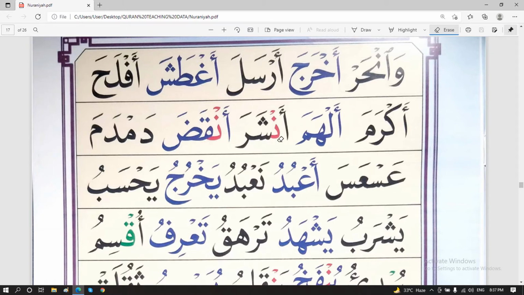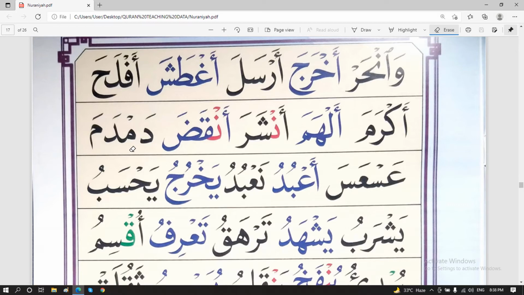Ikhfa, moving the sound of noon into our nose, أنشر. همزة نون فتحة أن قاف فتحة قا ضا فتحة ضا أنقض. دال ميم فتحة دم دال فتحة دا ميم فتحة ما دمدم. أكرم ألهم أنشر.